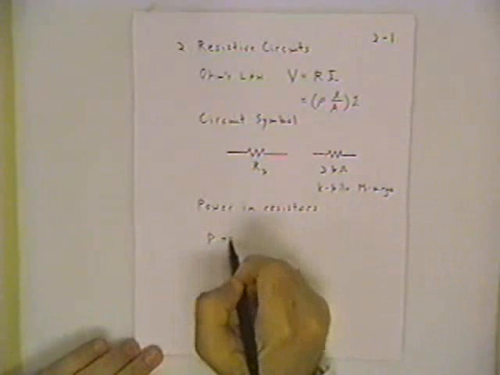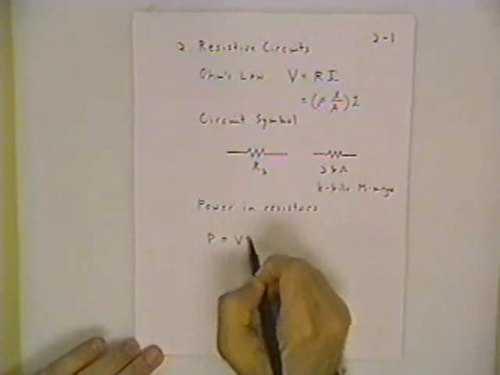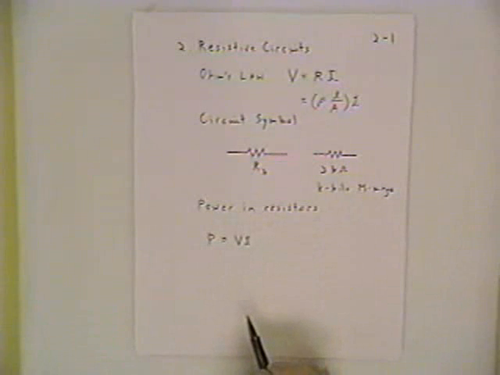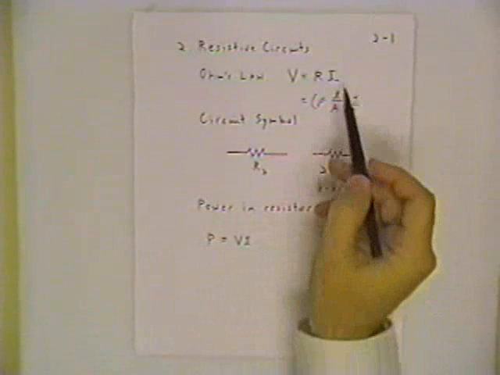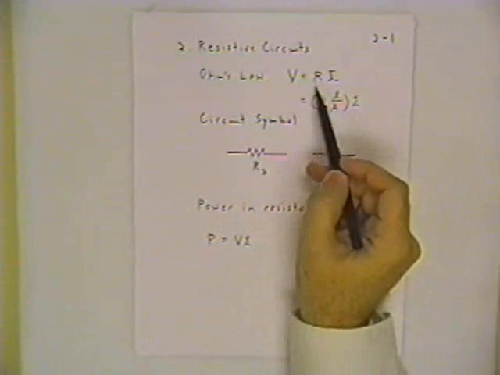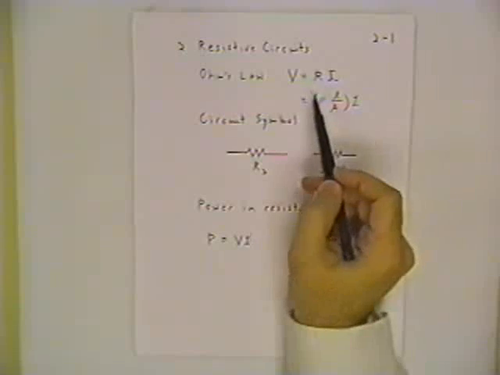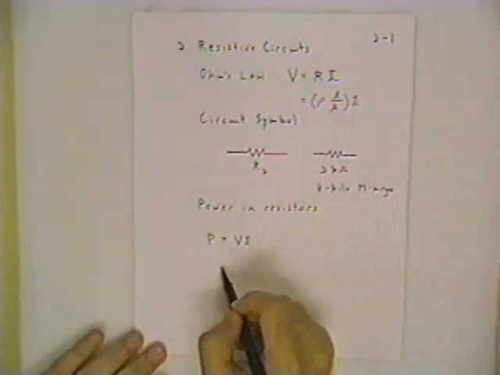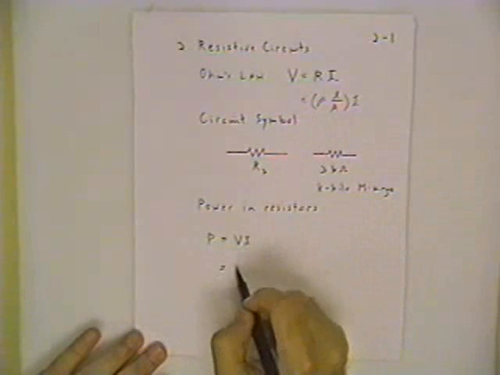Now remember from a few minutes ago, power in an electric circuit element is V times I. But now from Ohm's law we can substitute for either V in favor of I or I in favor of V. So we have a couple of different formulas for power in a resistor.